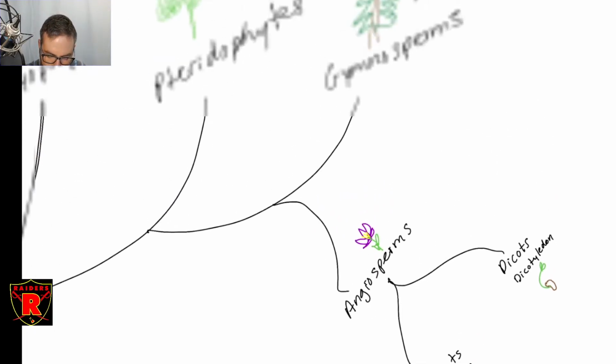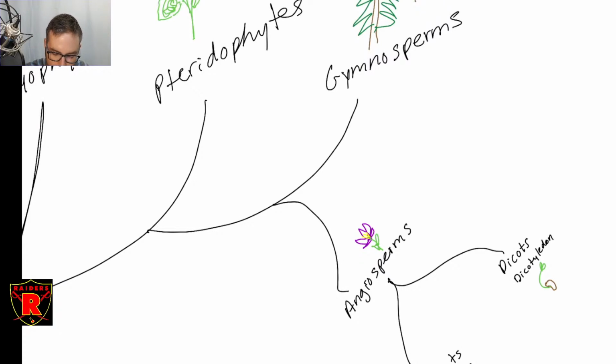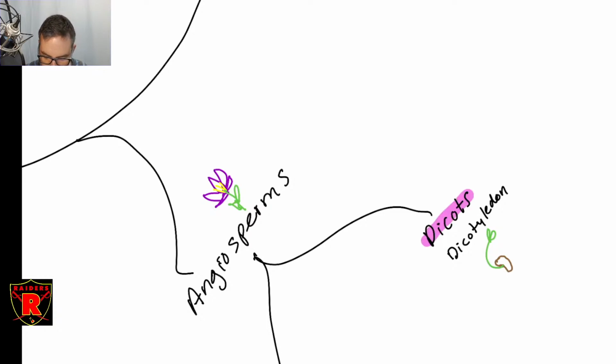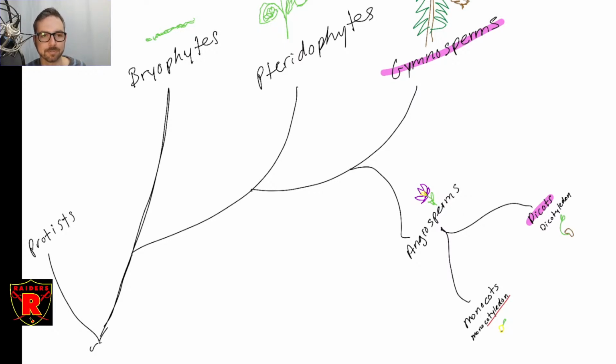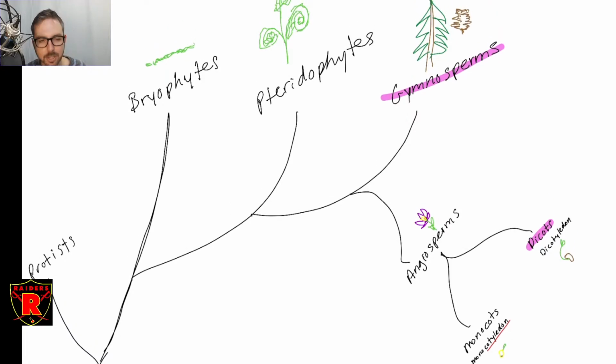Now, it's important to note that in a lot of ways, gymnosperms are very similar to dicots. So in a lot of the notes, it says this is true for gymnosperms and dicots. And that's because gymnosperms and dicots, not all of them form trees, but a lot of them are tree-like. They become trees.